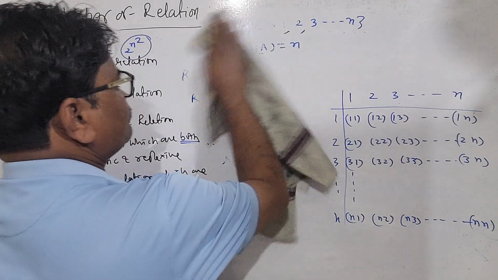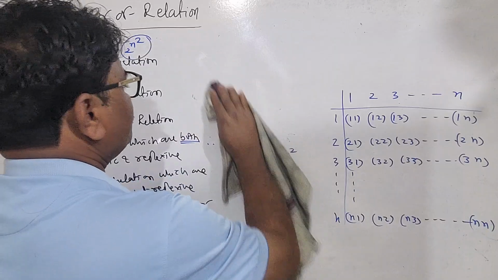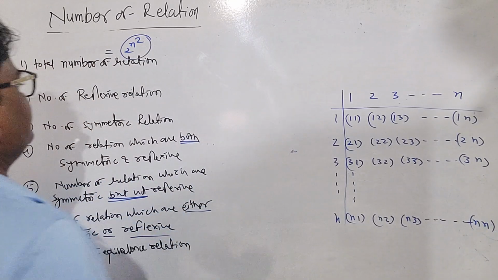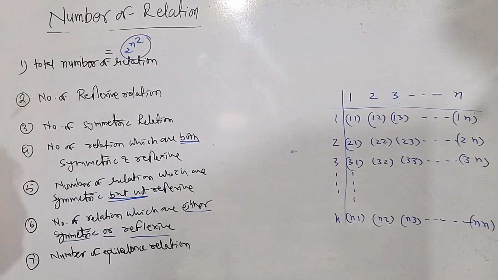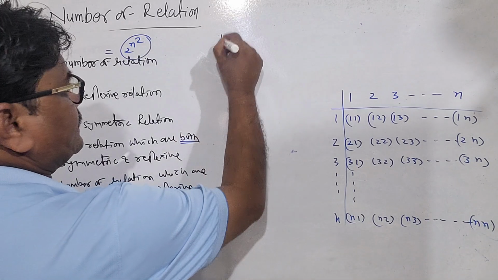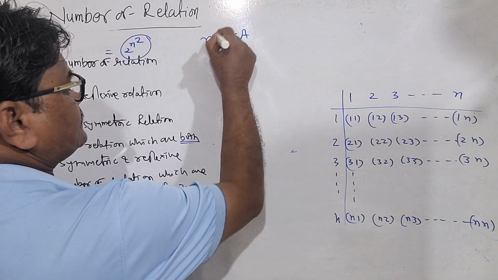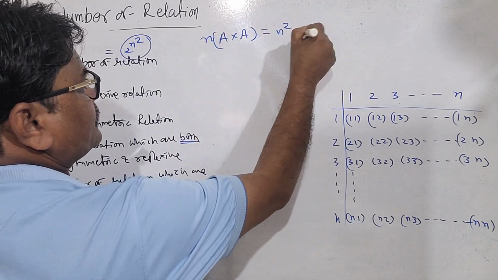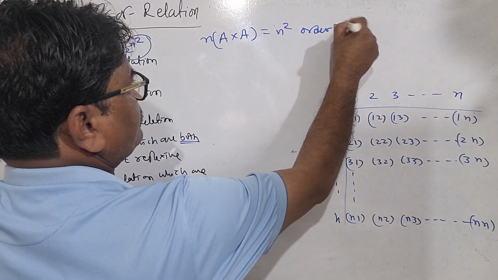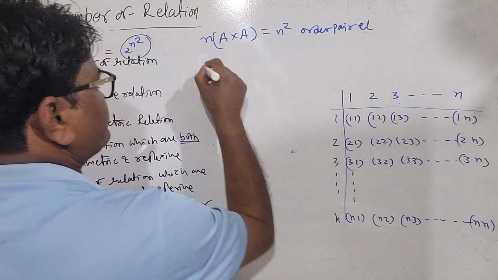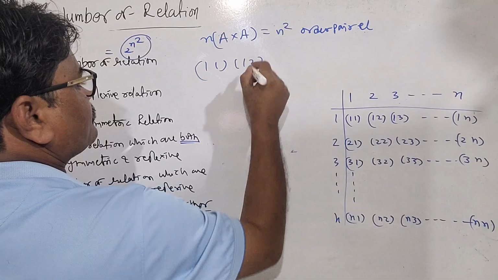Now coming to the second question. The second question is the total number of reflexive relations. Now the total number of reflexive relations we will find out by using the concept of permutation and combination. See, A cross A contains n square ordered pair elements, like 1 comma 1, 1 comma 2, like that.